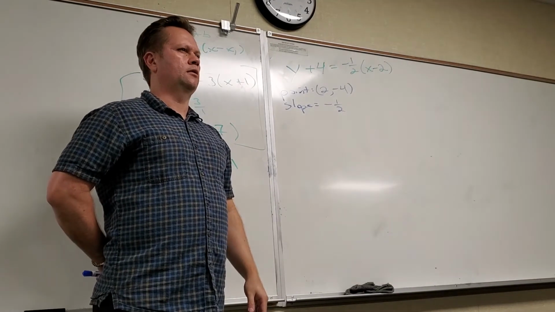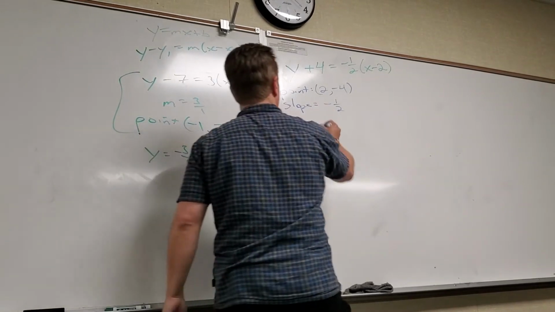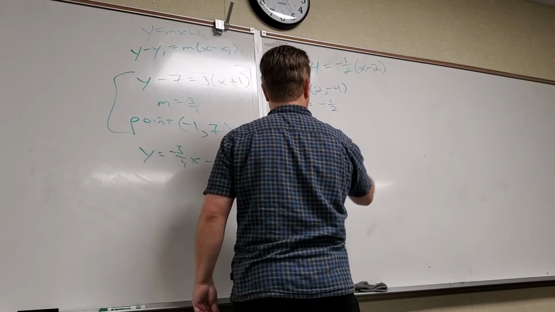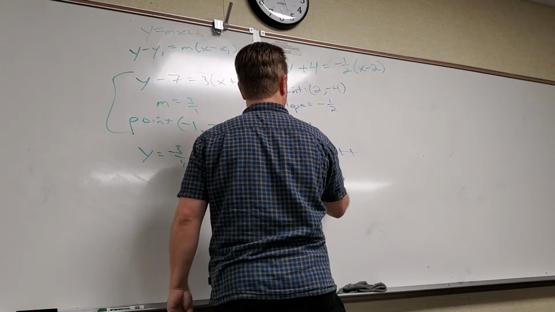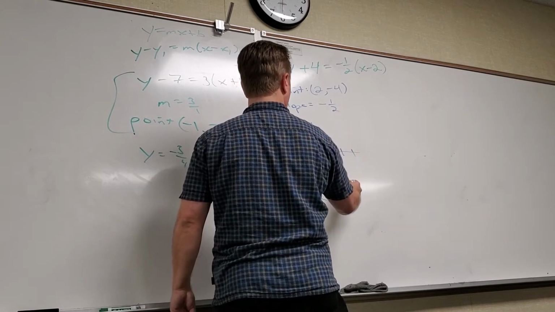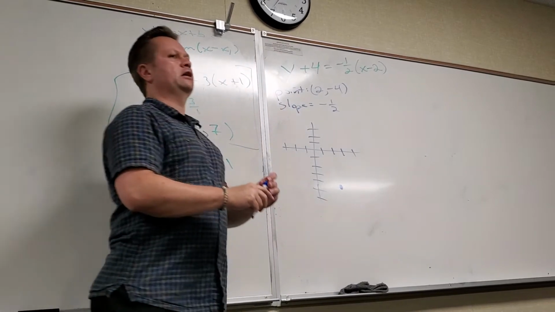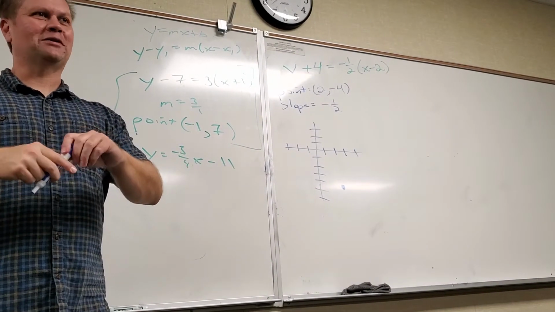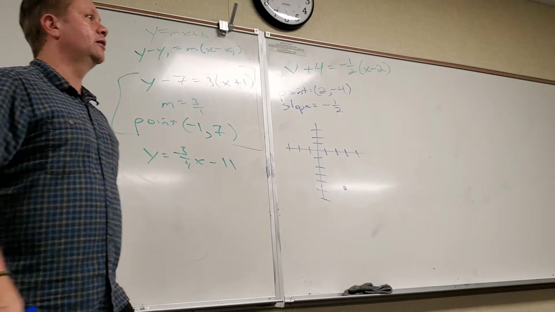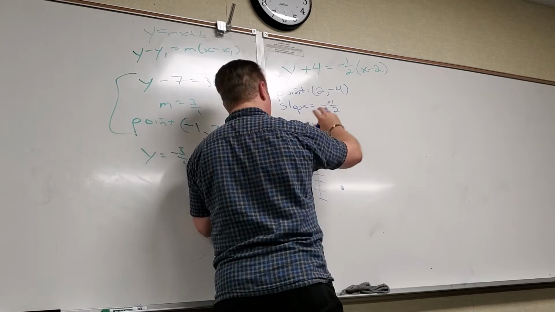Maybe. And now you just have to graph this. We've done that a lot. You plot 2, negative 4, and then where am I going to go from there? Down 1. What's that mean?